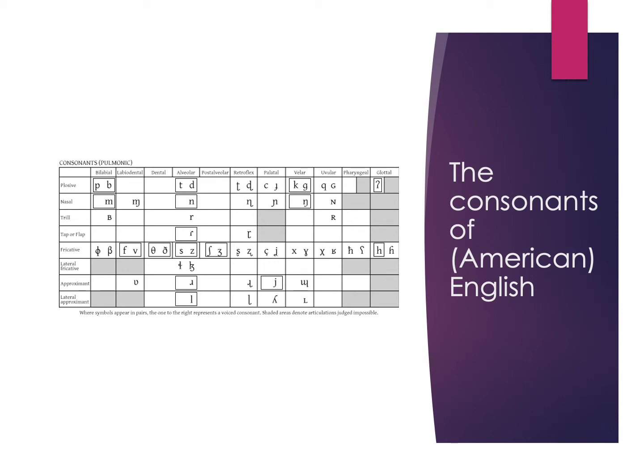Consonants don't change as drastically between dialects of English as they might in other languages, but these are the ones that we'll focus on that you'll see in pretty much every dialect of American English. And you'll notice that some of these sounds have boxes around them in the chart and some of them don't. The sounds that aren't in the boxes are just other sounds that exist as consonant sounds in languages, but the ones that are in boxes are the sounds we have in English. So those are the sounds you need to be familiar with.